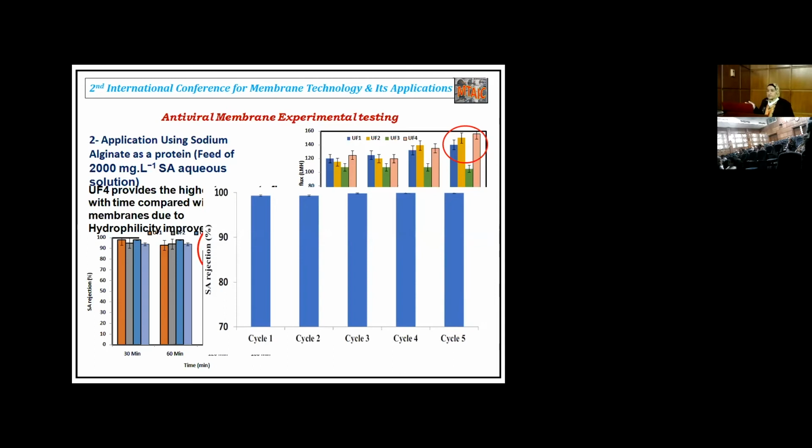We repeated them for 5 cycles in 10 days, and found that sodium alginate rejection reached 99% after every washing step. So this membrane can be considered an anti-fouling membrane.